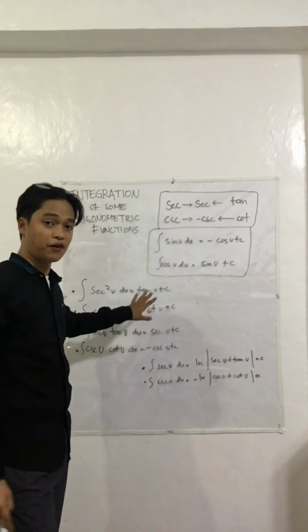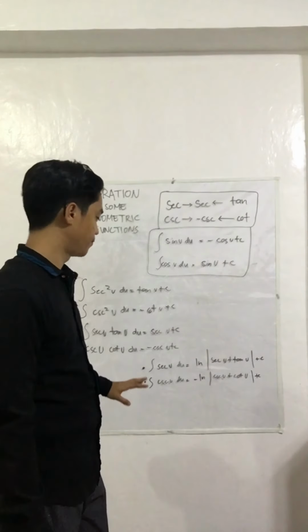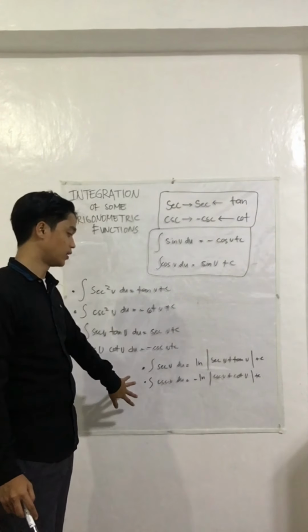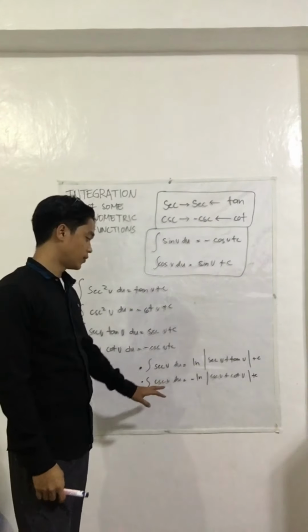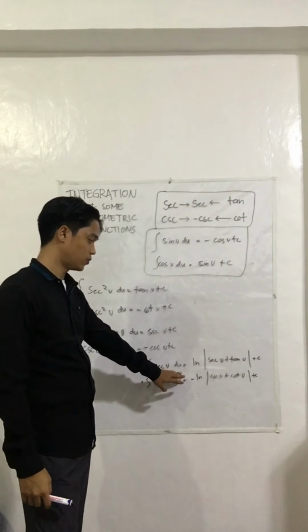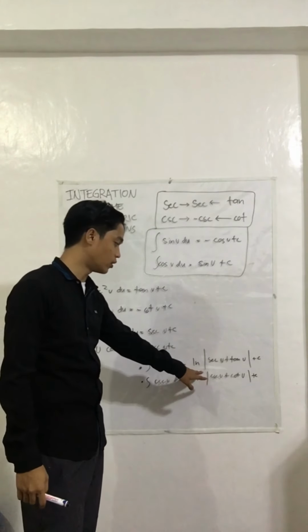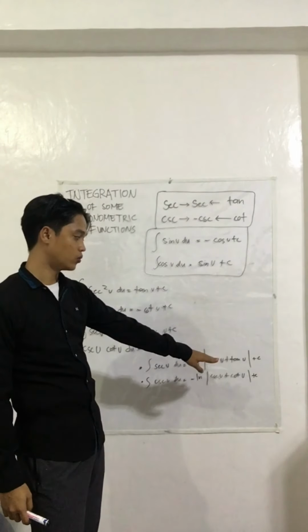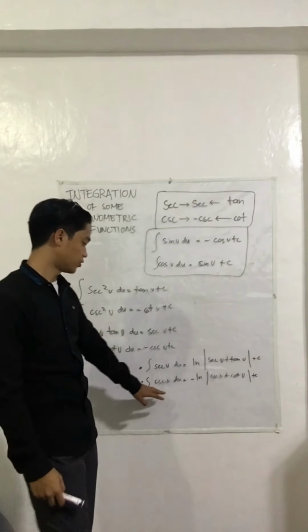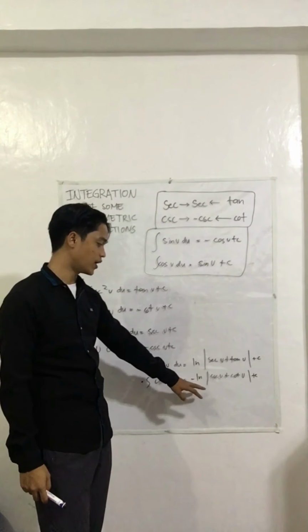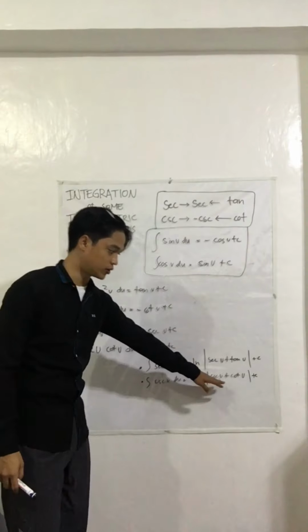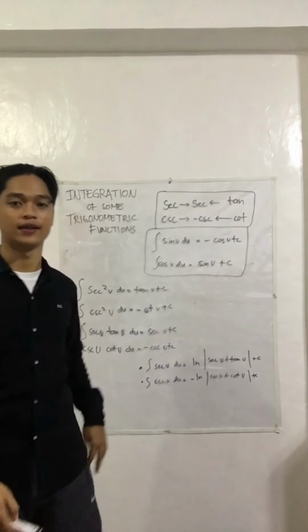So we have double function integrals added in generating the natural logarithm. The integral of secant u du is equal to natural logarithm of secant u plus tangent u plus c. And cosecant u du is equal to negative natural logarithm of cosecant u plus cotangent u plus c.